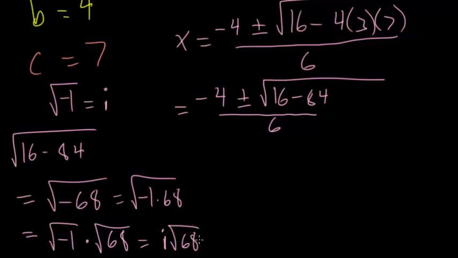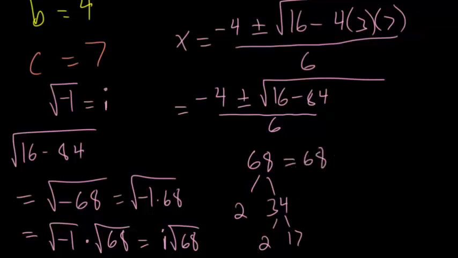And if you prefer, we can even try and simplify 68. If we make a tree with this, 68 would be, let's say, 2 times 34. And then 34 we can break up into 2 times 17. We do, in fact, have a perfect square in here. So 68 is the same thing as 2 squared times 17.